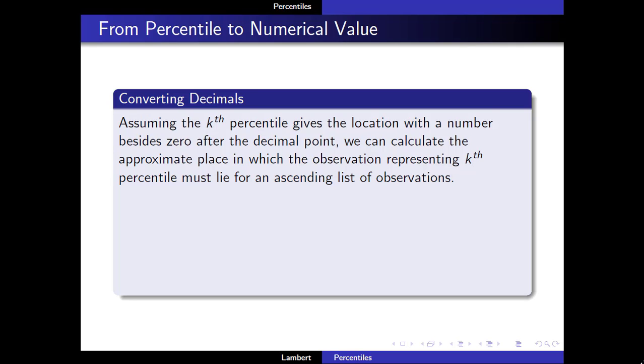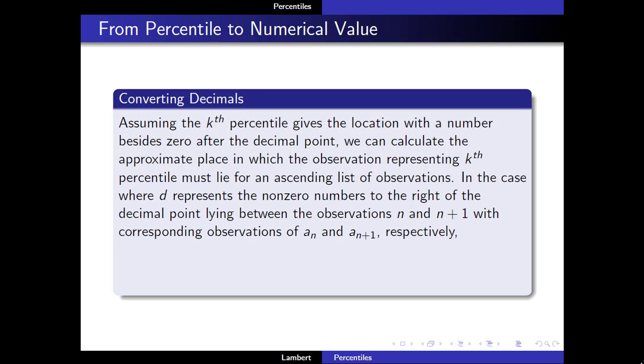So if we have the kth percentile being at a number besides 0 after the decimal point, like just before we had that 19.2, for example, those 2/10 is what we'd be focusing on there. If you're dealing with that and you have an ascending list of observations, how do we actually find the values? Well, we're going to let D represent that decimal.